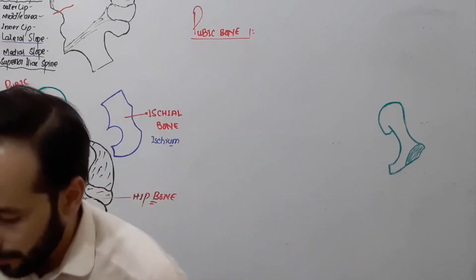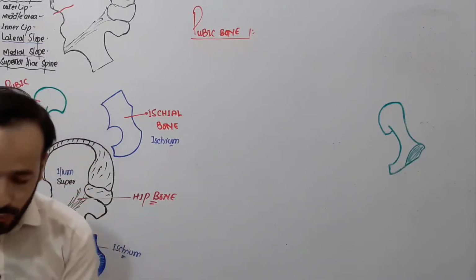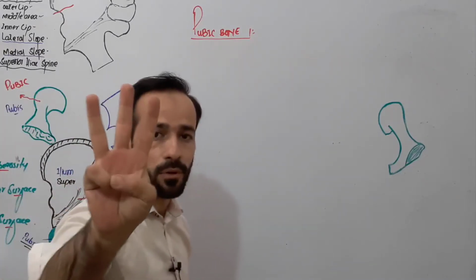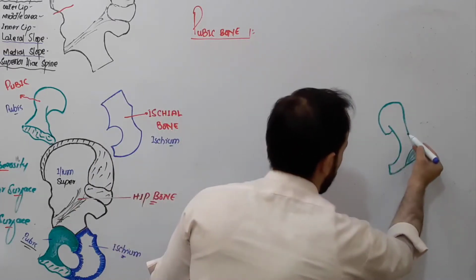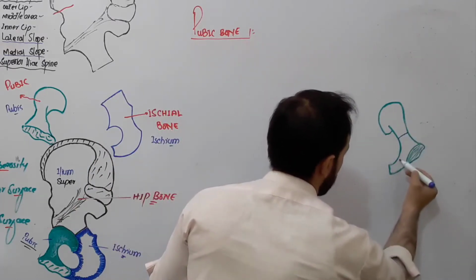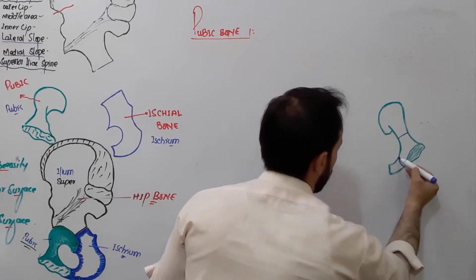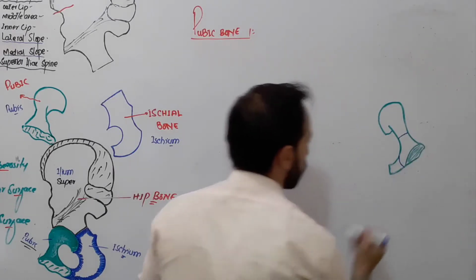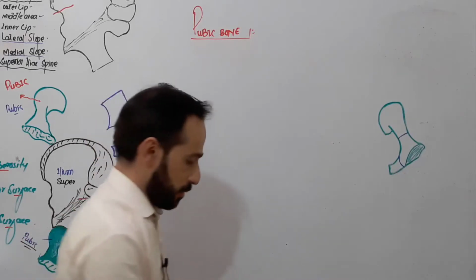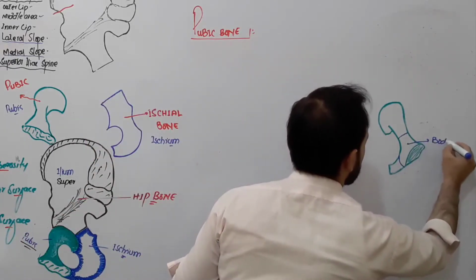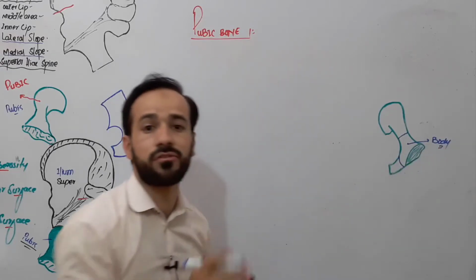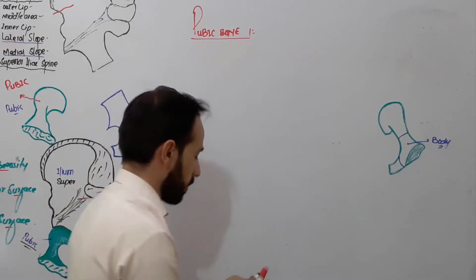So look carefully. Your pubic bone is actually composed of 3 important parts. What are those parts? Let me name them here. First, from here up to here, this part of the pubic bone is called the body of the pubis, right? We will discuss the parts of the body right now.